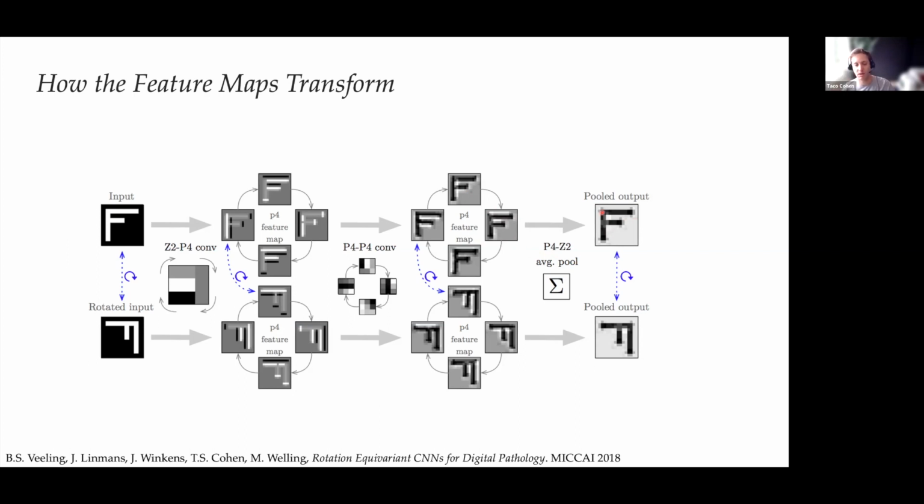You can see that when you do this, the output will again be equivariant, but it will transform in exactly the same way as the input. So there's no more cycling between channels. If you rotate the input image and compute the output of the whole network after pooling, you get just the same thing as you get for the original image, except it's rotated.